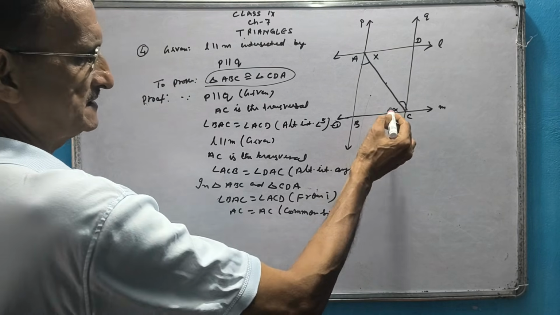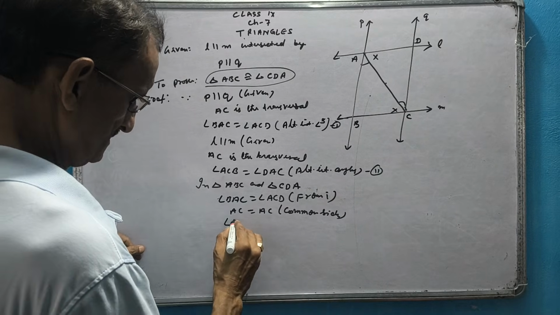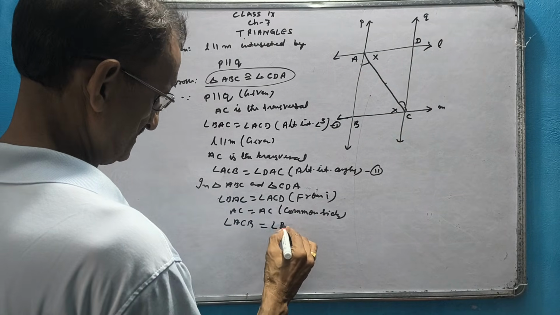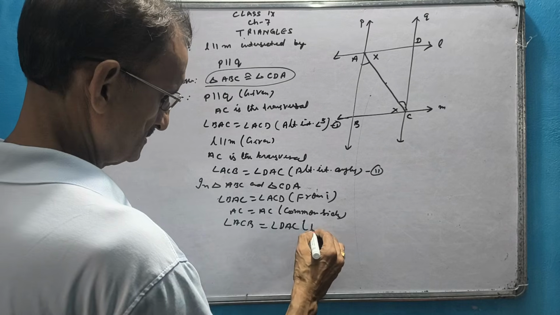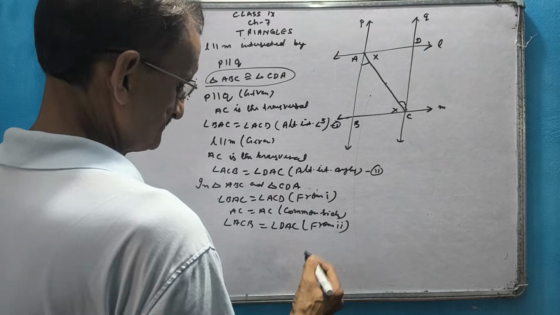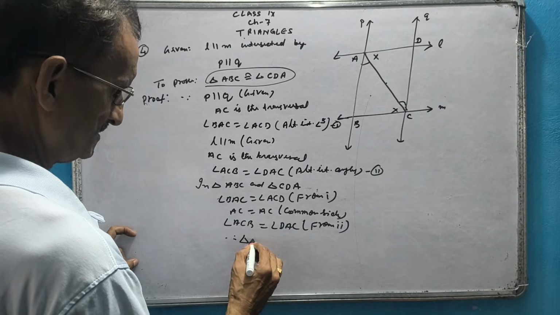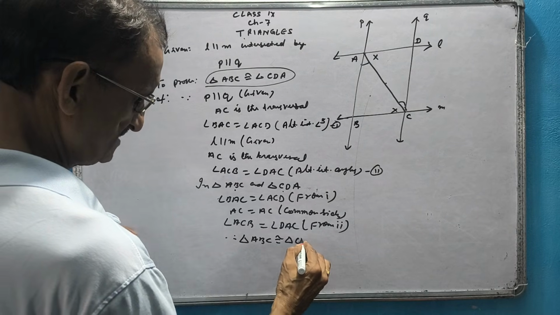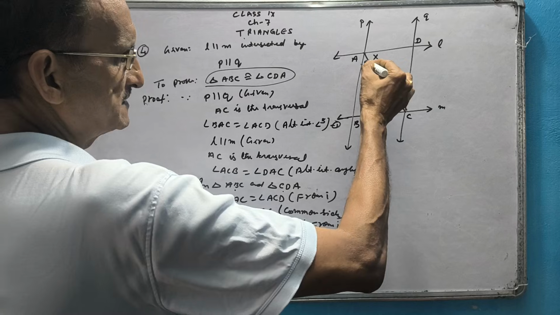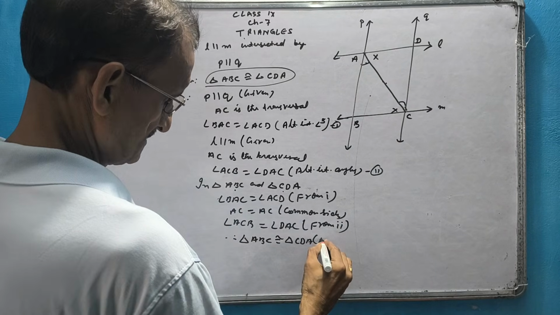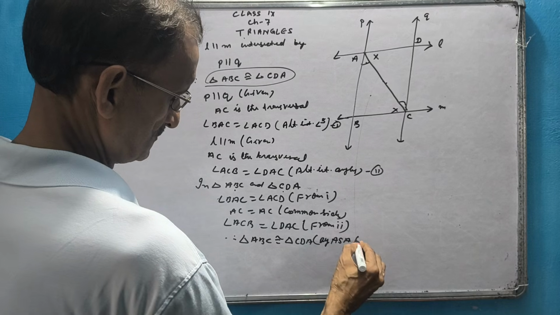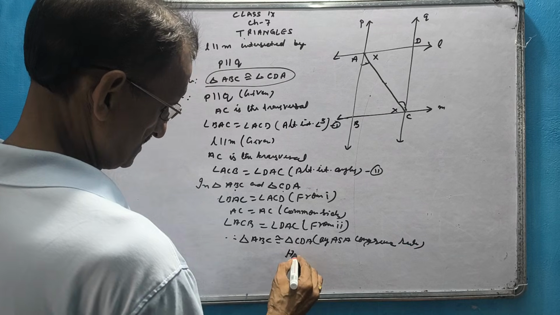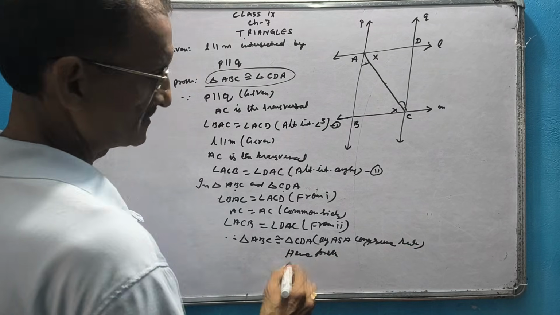And then angle ACB equal to angle DAC, from 2 we have already proved. Then triangle ABC is congruent to triangle CDA by what rule? See here, ASA. By ASA congruence rule. So that's all, hence proved.